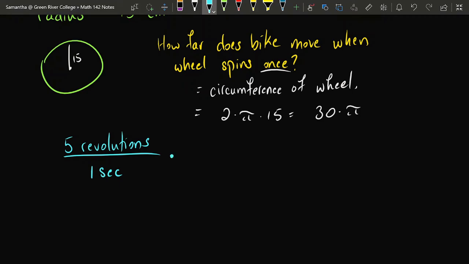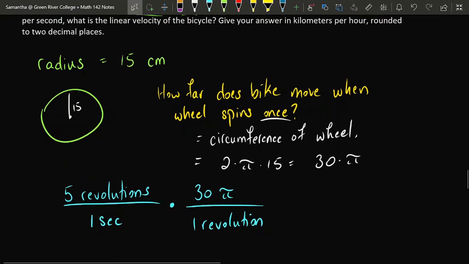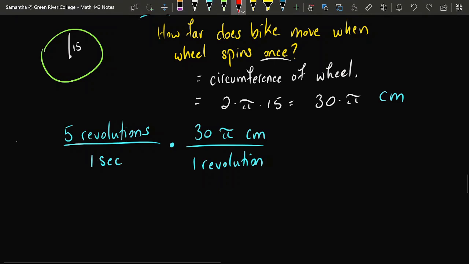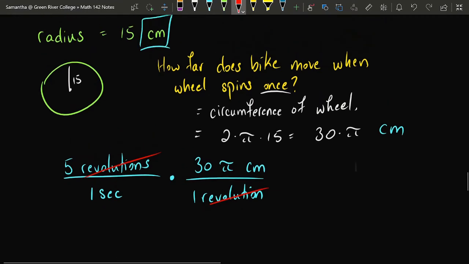So now, let's use the fact that in one revolution of the wheel, the bicycle was carried forward by a distance of 30 pi in this case centimeters, because that was the units for our radius. So if we cross-cancel these units of revolutions, we now have the object's linear speed in units of centimeters for the length units and seconds for the time units.